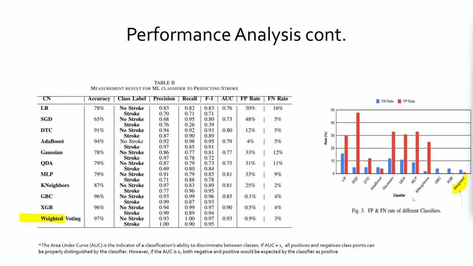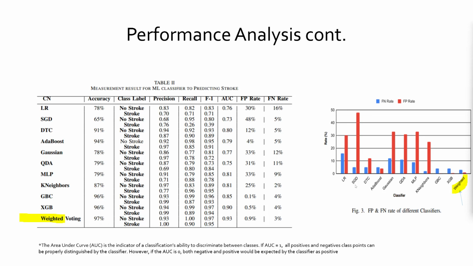Now on to the right, figure 3 shows the false positive and false negative rates of the different classifiers. The higher the FN rate, the more false alarms are created by the model. In terms of the false positive rate and the false negative rate, figure 3 indicates the relative success of the classifiers. So the best predictor among the selected techniques is weighted voting.